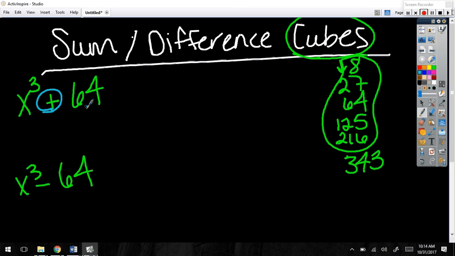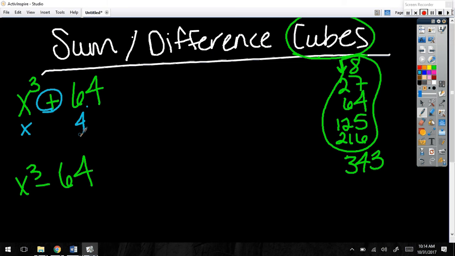Plus tells me it's sum, and the two cubes because what times itself 3 times can give you x to the third? What times what is x cubed? X. What times what is 64? 4. So they're definitely perfect cubes, and it's definitely a sum.